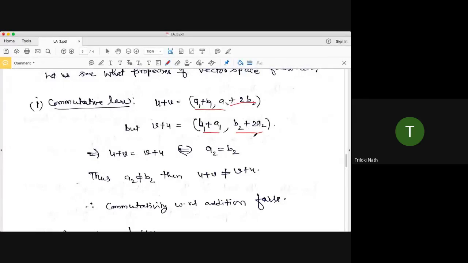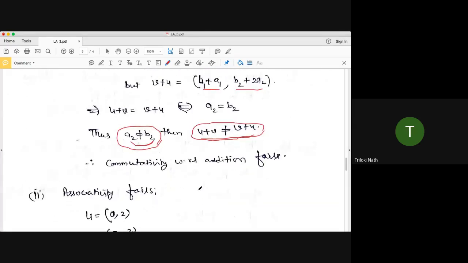If it is equal, that means A2 is equal to B2. That is, if A2 and B2 are not the same, then you don't have U plus V equal to V plus U. But the commutative law says that U plus V is V plus U for every U, V, right? But here, if A2 is not B2, then you don't have U plus V equal to V plus U. Okay, fine. So the commutative law fails.